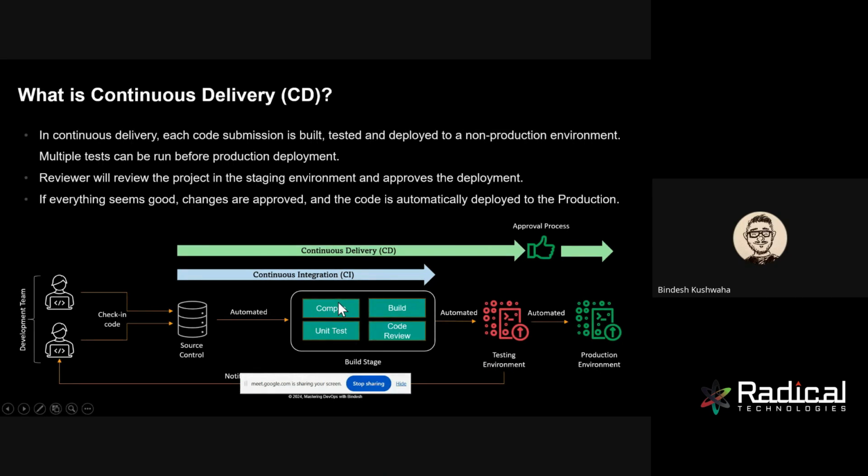If it is Java code, you will compile it differently. Java builds are in the form of jar files, war files. If this would have been a .NET application, it will be exe, msi, dlls. So depending upon the kind of application that you are developing, accordingly the compilation process, build process and unit testing process changes.